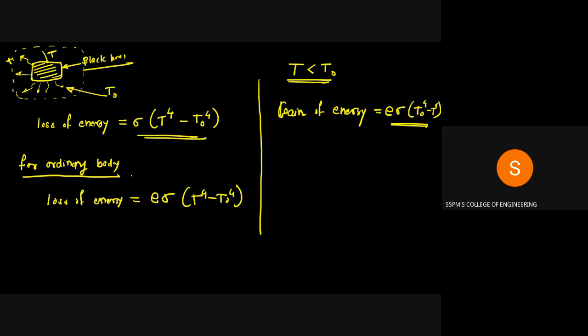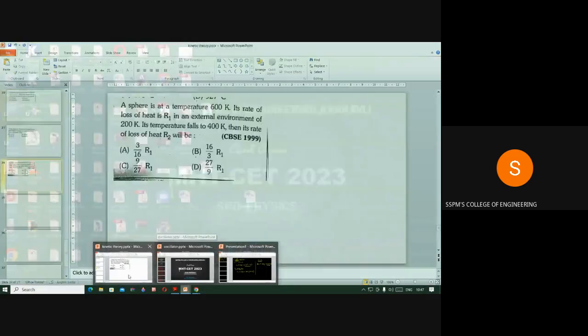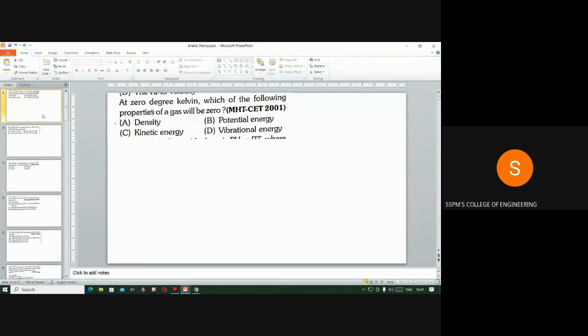Now this is all the theoretical part. Now we will solve the MCQs. Refer to the first question.